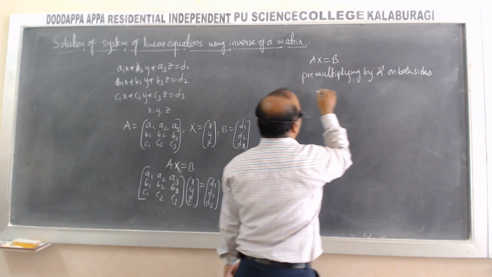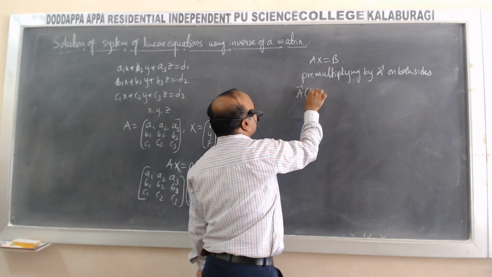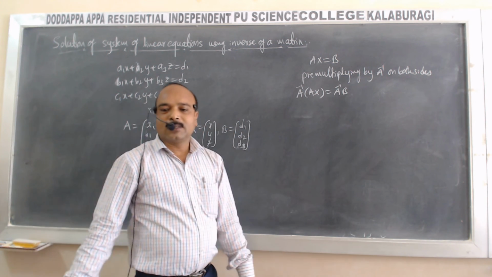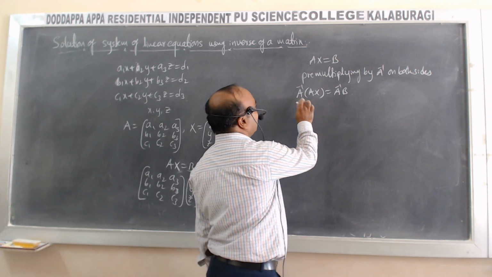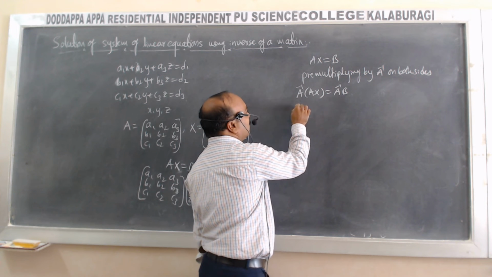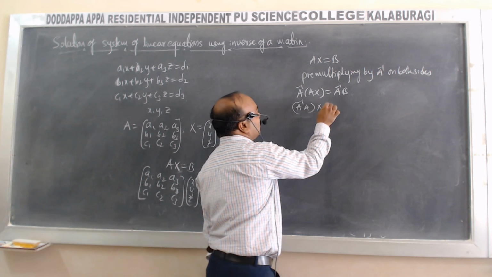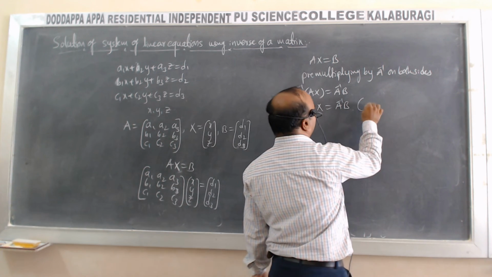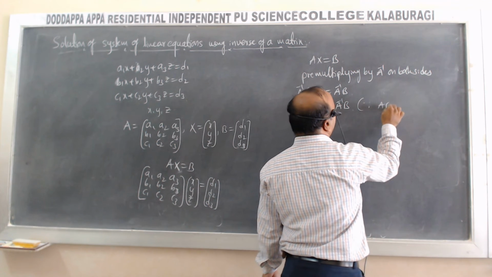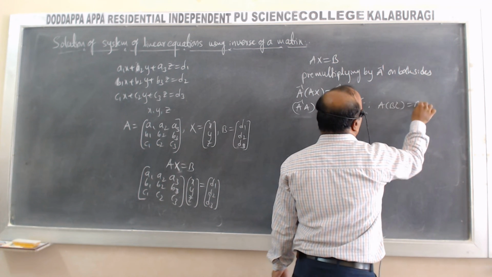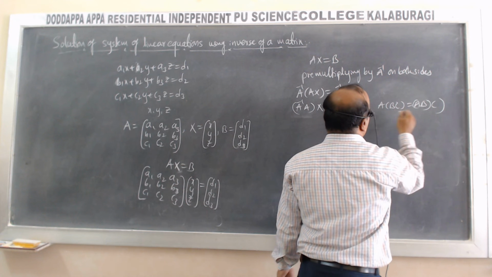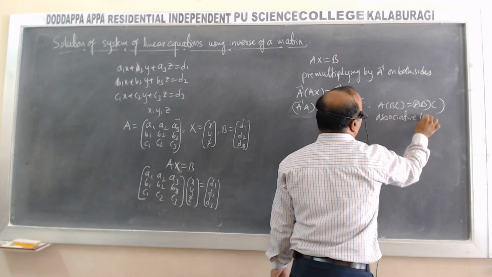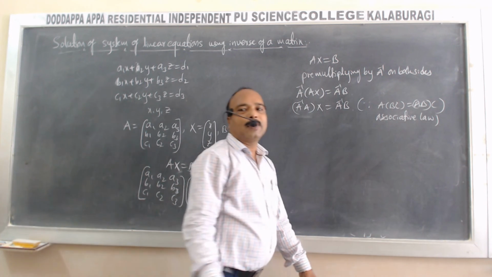Then we get A inverse into AX equal to A inverse into B. Now we can use the associative property: A inverse into AX can be written as A inverse A into X equal to A inverse into B, because by the associative property, A(BC) equals (AB)C, the associative law of multiplication of matrices.